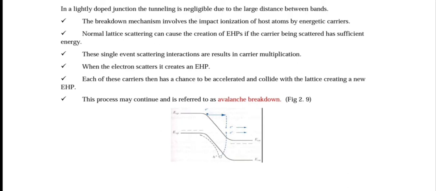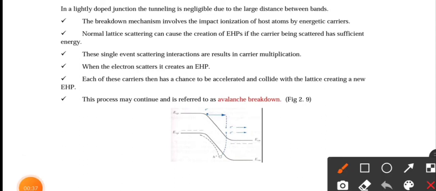The primary electron loses most of its kinetic energy in this process. You can see here, this is the electron which had enough kinetic energy, and it hit the lattice structure, lost its kinetic energy, and created an electron hole pair.